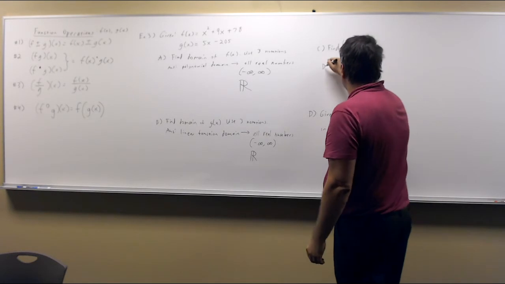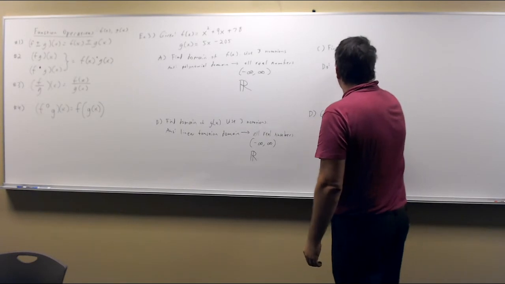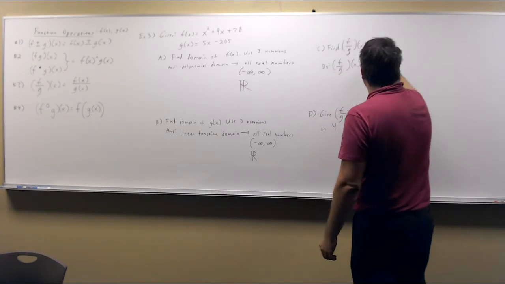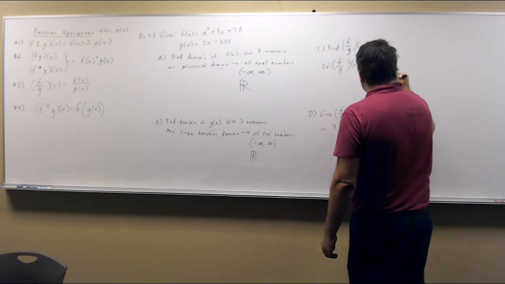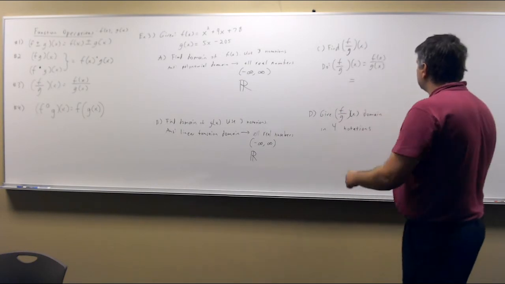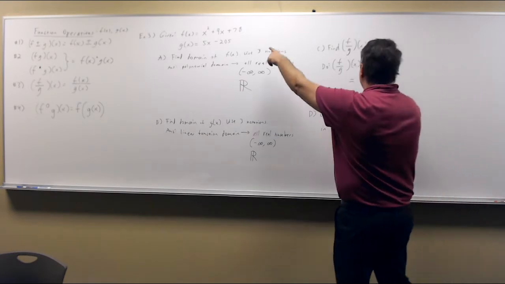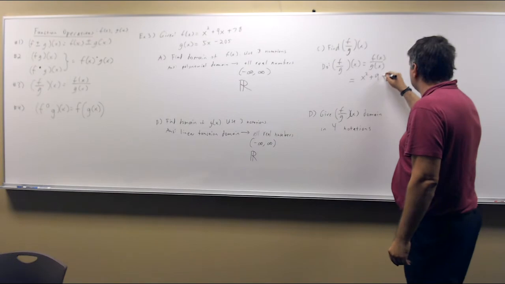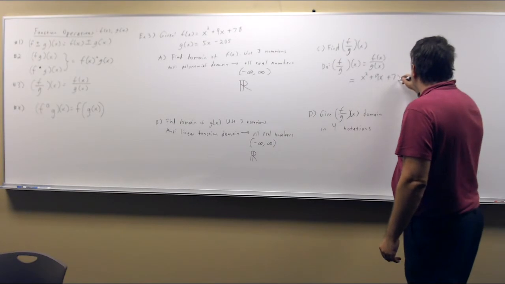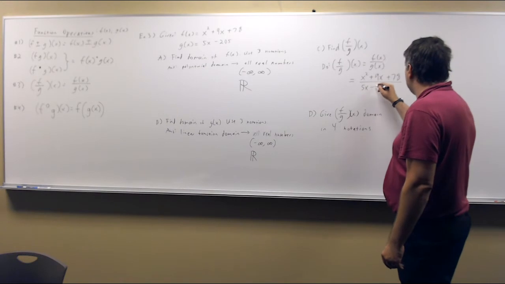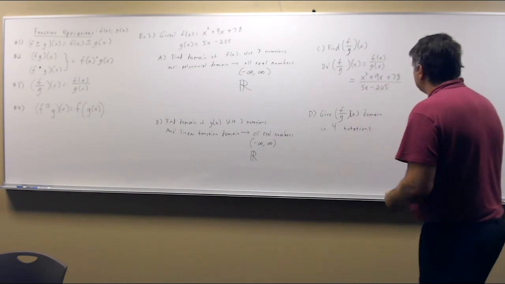Well, f over g of x is simply going to be f of x over g of x, which would give me x squared plus 9x plus 78 over 5x minus 205.